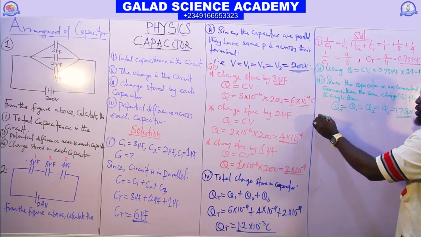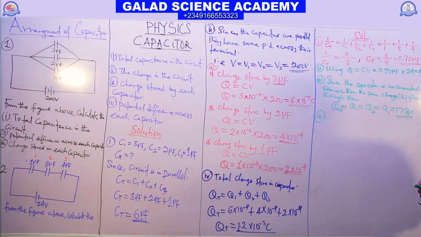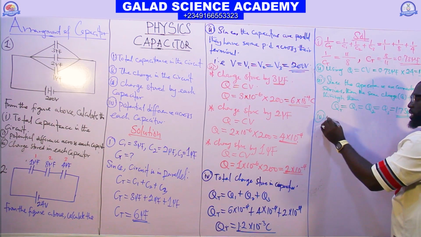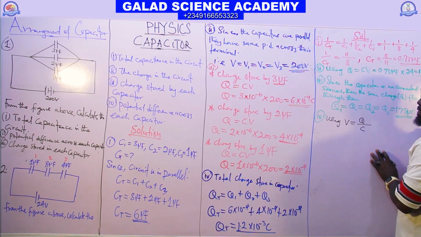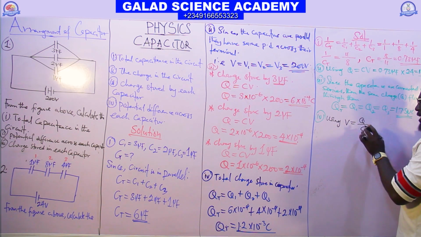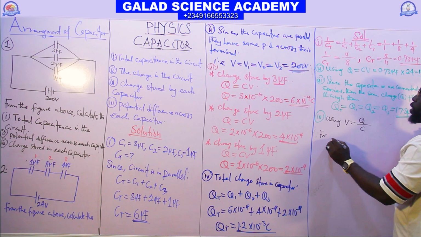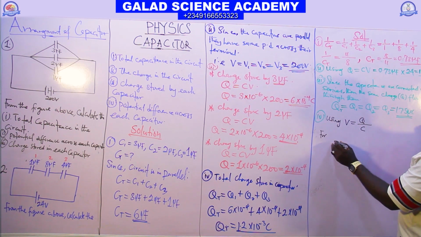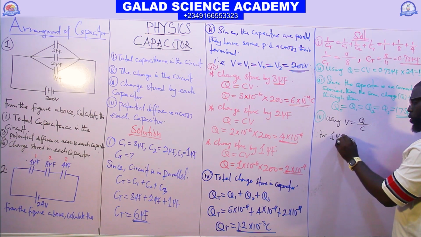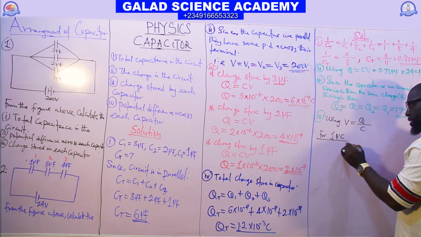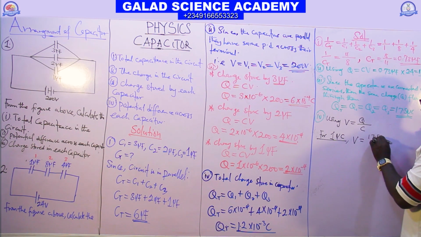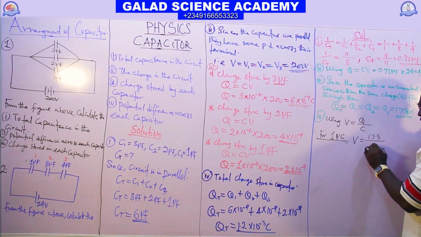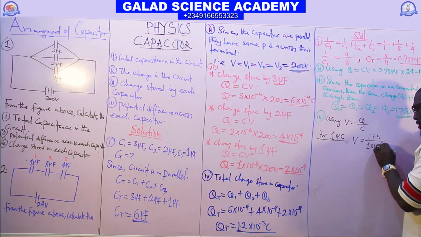Equation 4, the potential difference across each, by using V equal to Q over C. So for the first capacitor, 1 microfarad, V equals the charge 17.5 over C, which is 1 multiplied by 10 raised to the power minus 6.